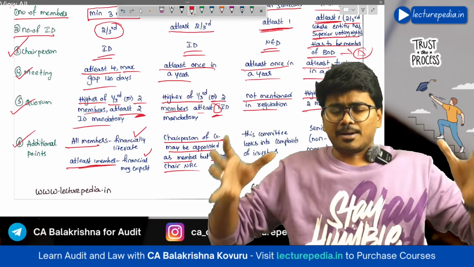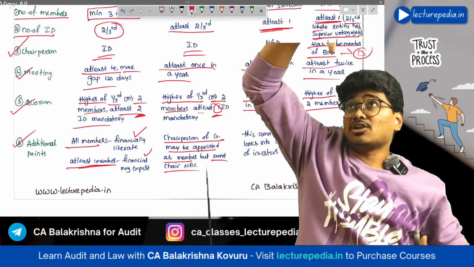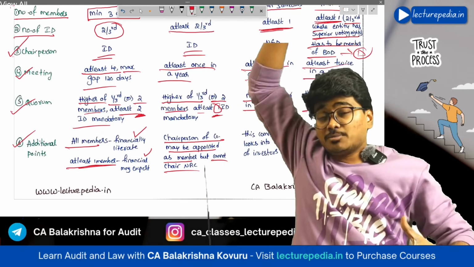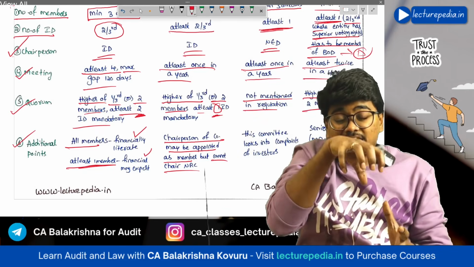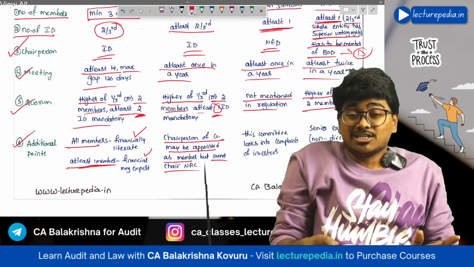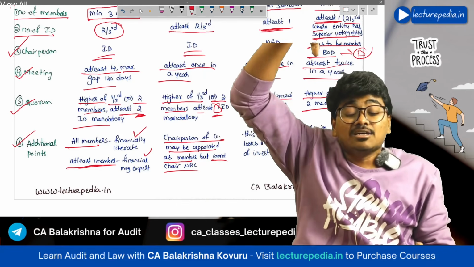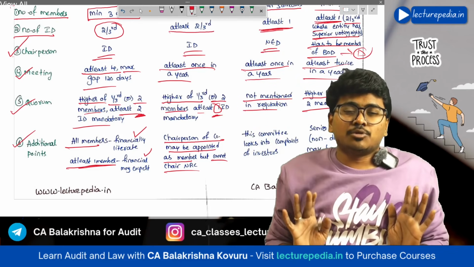Now, for the company there will be a chairperson, right? So the chairperson of the company cannot be appointed as chairperson of nomination remuneration committee. You cannot appoint him, but you can appoint the chairperson of the company as member of nomination remuneration committee.